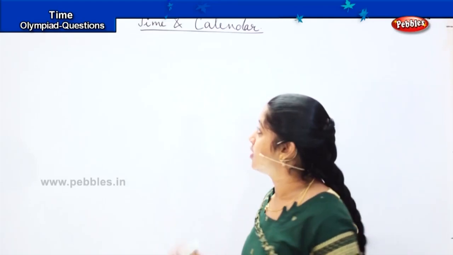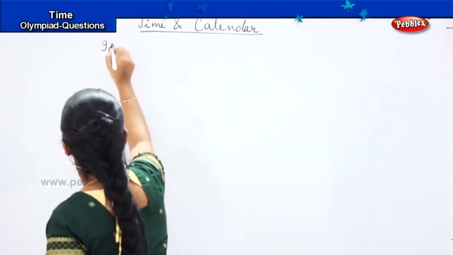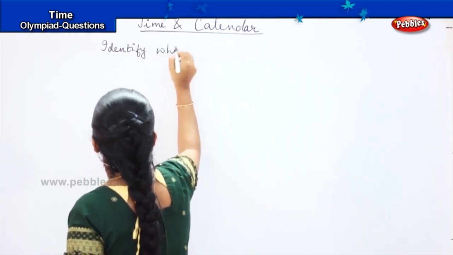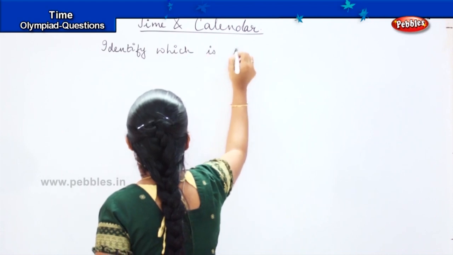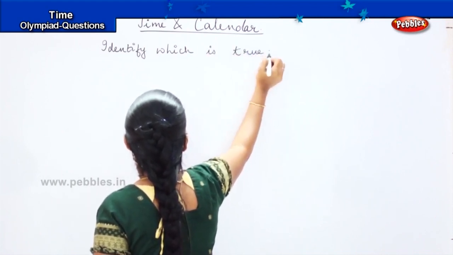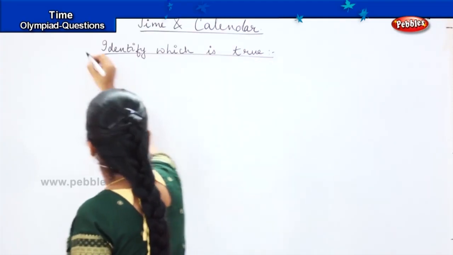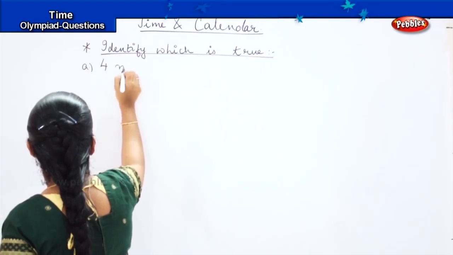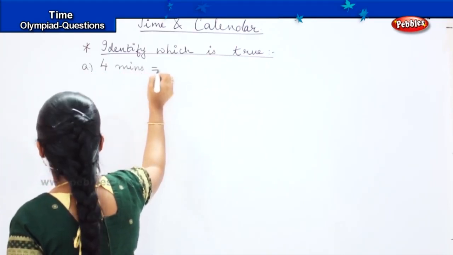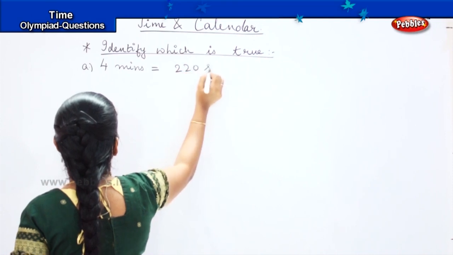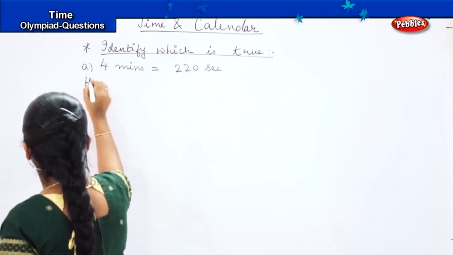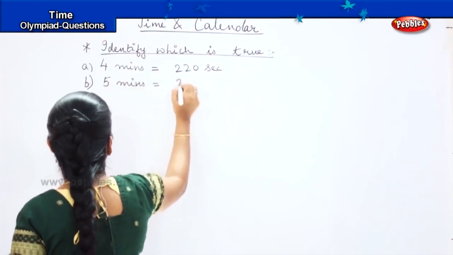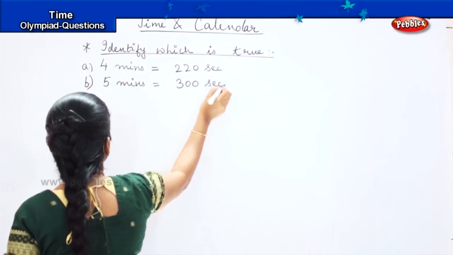The next one is you need to identify which of the statements is true. I say 4 minutes is equal to 220 seconds. Second one, I say 5 minutes is equal to 300 seconds.